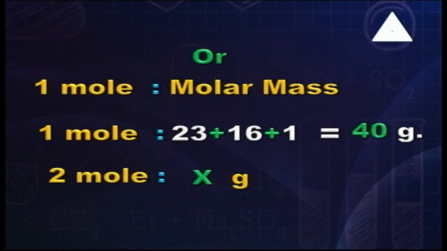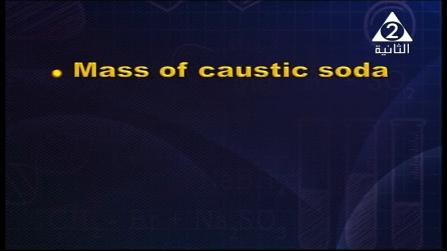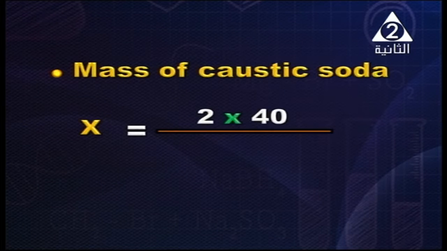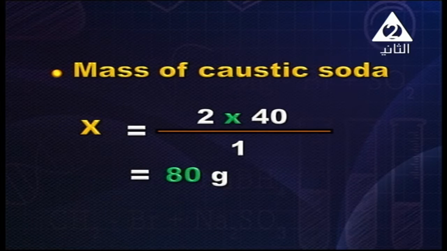What do I do? Cross multiplication. X equals 2 by 40 over 1 equals 80 grams. You see, darling, it's easy to catch all of this type of problem.